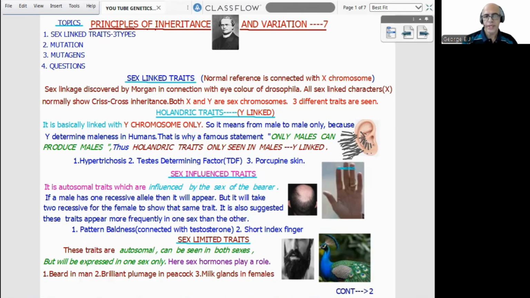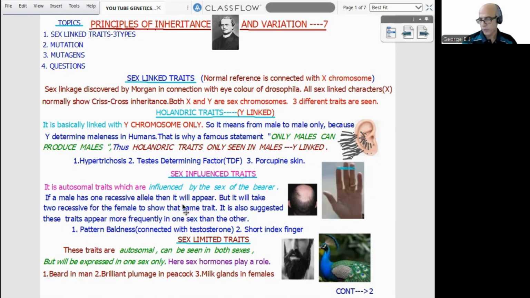Thus, holandric traits are only seen in males, because they are Y-linked. Some typical traits: one is hypertrichosis, that is growth of hairs, a little more hairs on the pinna of the ear. Then TDF, testis determining factor. Then porcupine skin. I think that idea is clear.